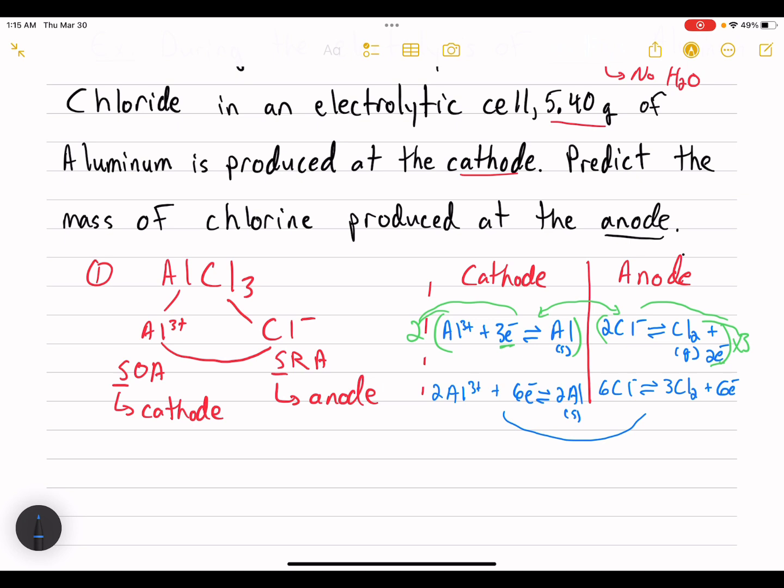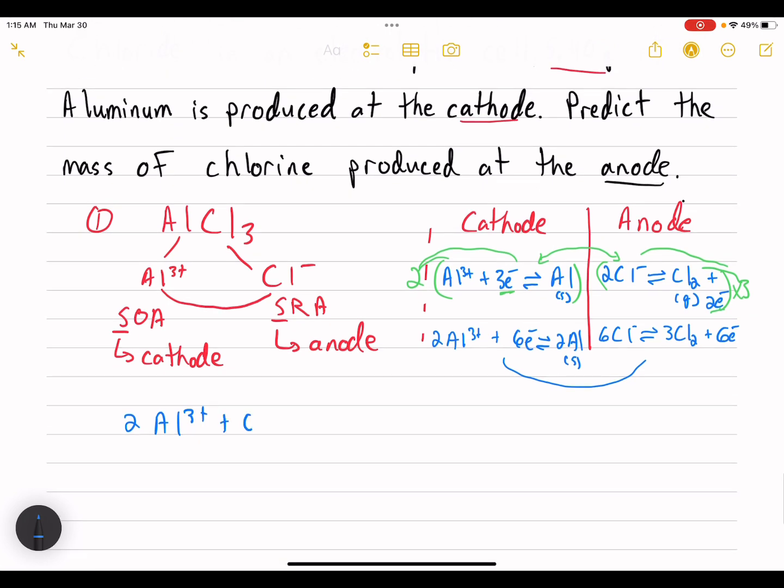And now once I've got balanced half reactions, I'm going to combine them into one large redox reaction, which is going to be as follows. And what I do when I'm doing this is I add up all the reactants of one reaction on one side and all the products on the other side, between the two reactions, I should say.